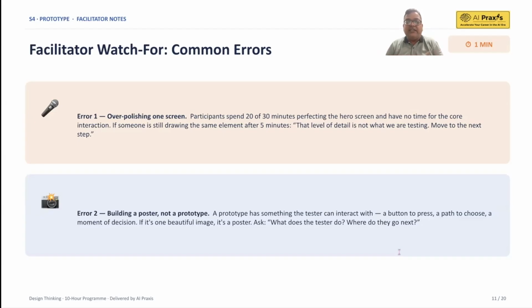If the user simply stands there, looking at your design, you're not collecting behavior, you're collecting opinions. So whenever I'm reviewing your work today, I will ask just one question: what does the tester do next? If your team can answer that immediately, you're building a prototype. If not, you're probably building a poster.